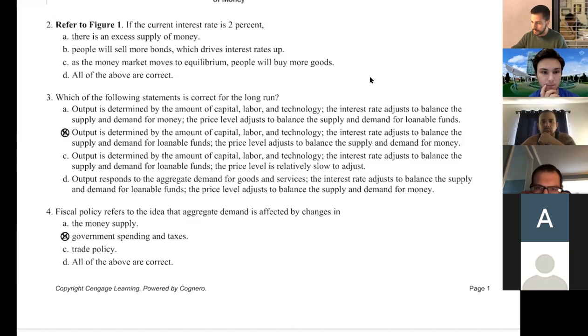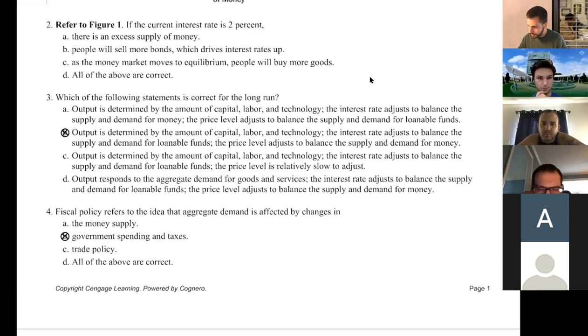This is obviously true, because output is like GDP, and we talked about how capital and labor affect those things. Output responds to aggregate demand for goods and services? No. So you can already cross out D.